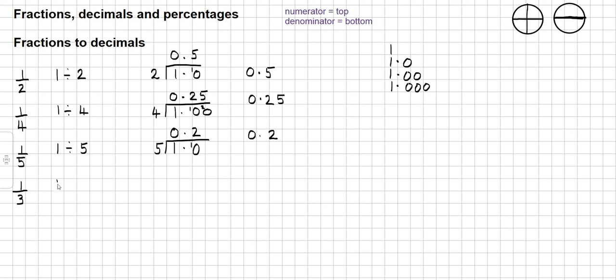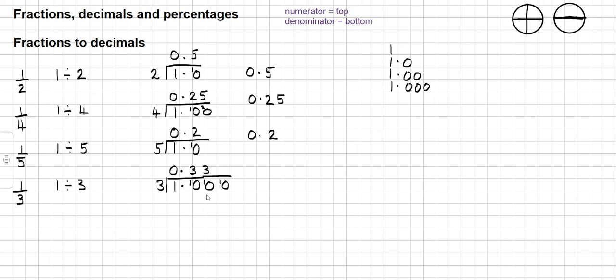Right, let's have a look at a third. So this is 1 divided by 3. 3's into 1, doesn't go, so we're going to put a decimal point, another 0, and carry that 1 over. 3's into 10 goes 3 times, that makes 9, so we've got 1 left over, carry that 1 over, put a 0, and again 3's into 10 goes 3 times, let's extend that line, so that's going to make 9, 1 left over, and what you see here, hopefully, is that this is just going to carry on.